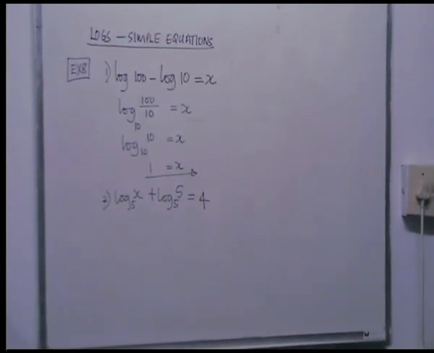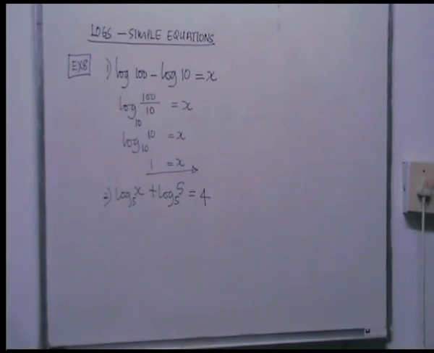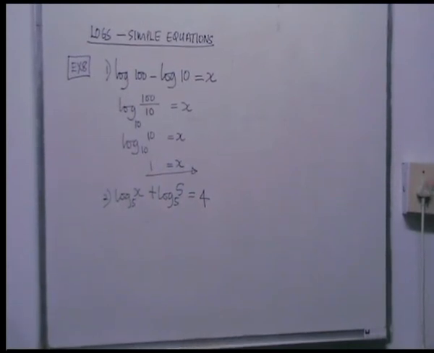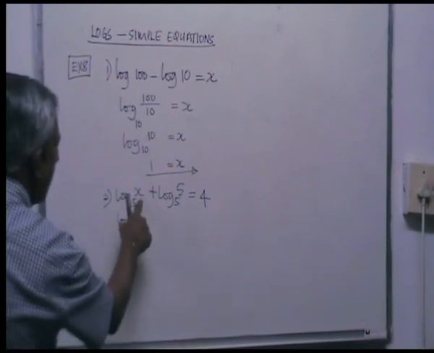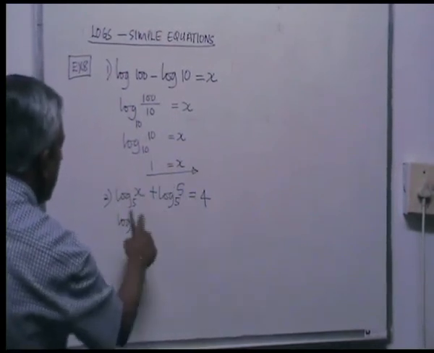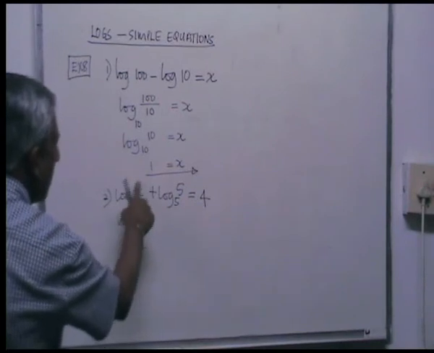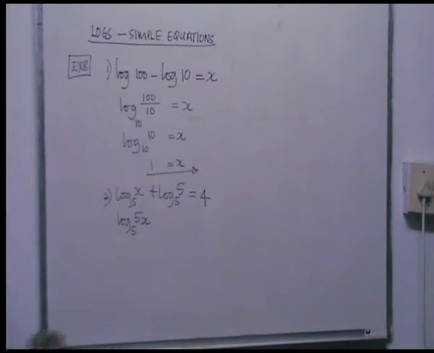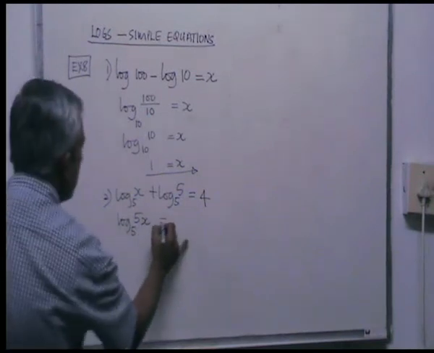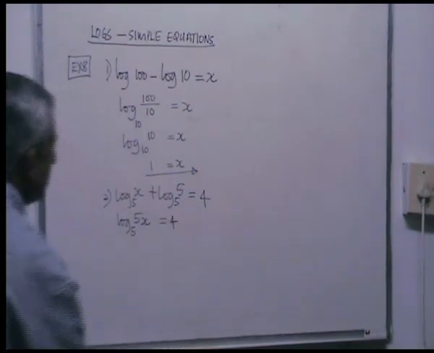So, let's suppose you saw this and you told yourself, well, I'm going to multiply. There's A plus B and there's x and 5, so it will be log of 5x to the base 5, using the product law, multiply these two numbers. So there's 5x, there's the base, is equal to 4.